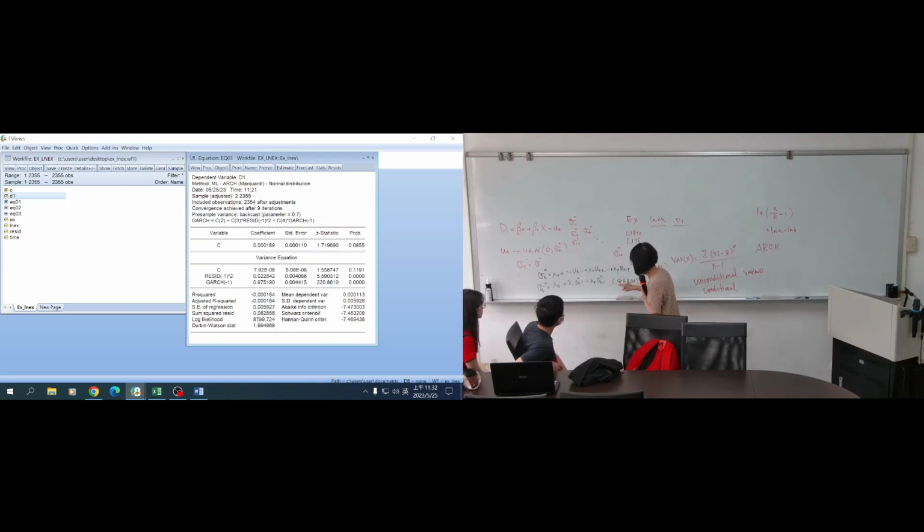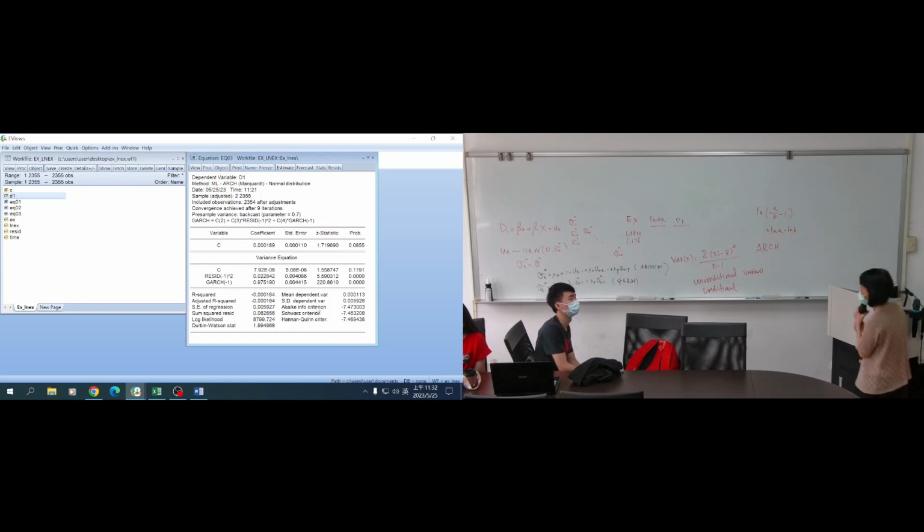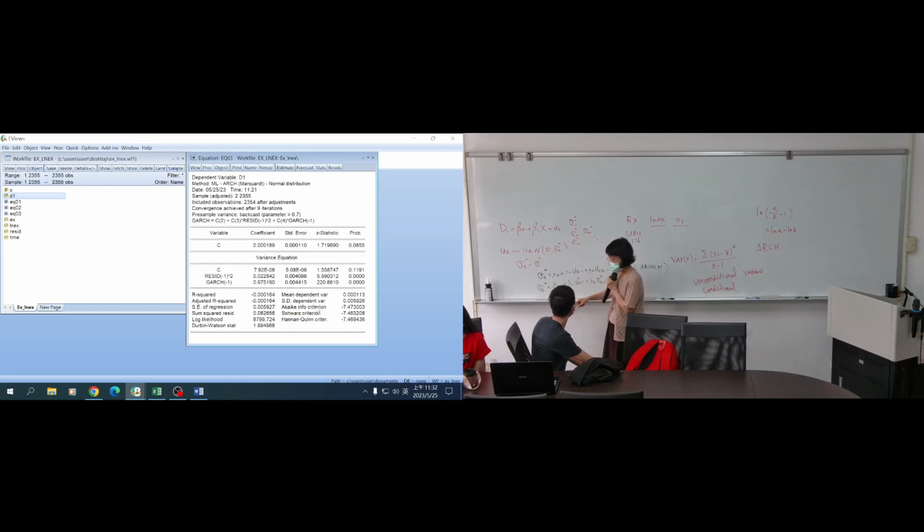That's why this one shows here, t minus 1. And our dependent variable, this one, is t. So this is the t minus of this one. So they show GARCH, and this whole part is something like the ARCH part. Okay? So they're just saying this square.